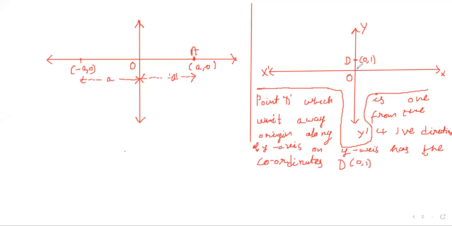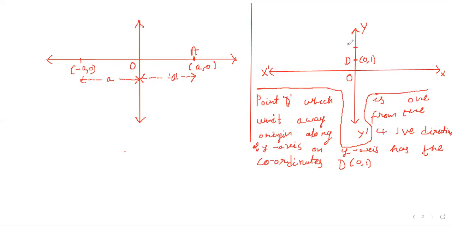As it is not moving any distance along x-axis, the coordinate of this point along x-axis is 0 and the coordinate along y-axis is 1. So its coordinates become (0, 1). So point D, which is 1 unit away from the origin along positive direction of y-axis, on y-axis has the coordinates D (0, 1).